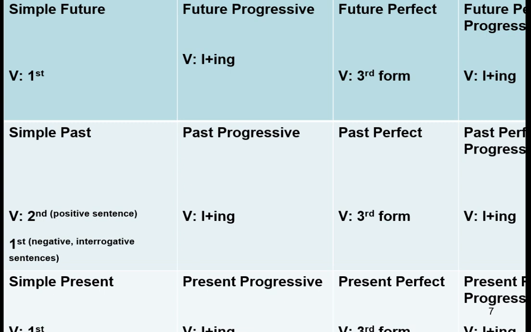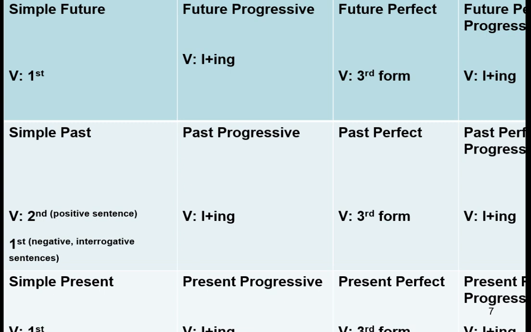Now there is a chart to describe it. Simple present, first form. Simple past, look again: it has second form in positive sentence and first form in negative and interrogative sentences. Simple future, it has first form.